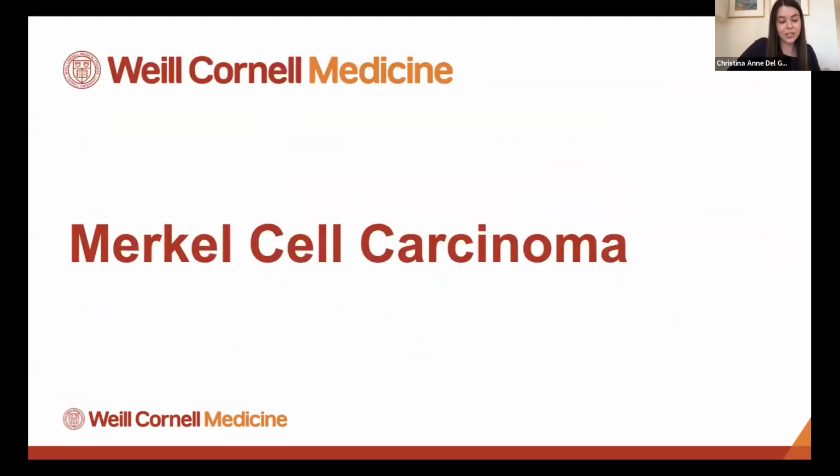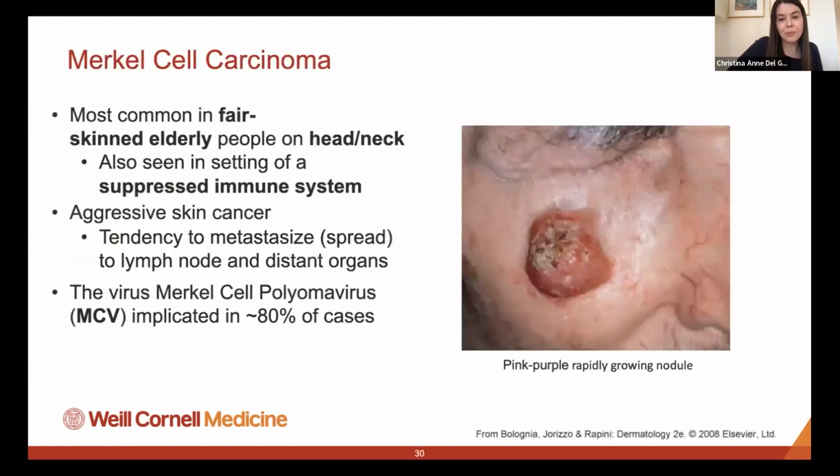And so I wanted to touch upon a much less common but very aggressive form of non-melanoma skin cancer called Merkel cell carcinoma. So Merkel cell carcinoma is most common in fair-skinned elderly patients, and typically happens on the head and neck, but can happen on other areas of the body. And we know that a suppressed immune system is also a very significant risk factor for Merkel cell carcinoma.